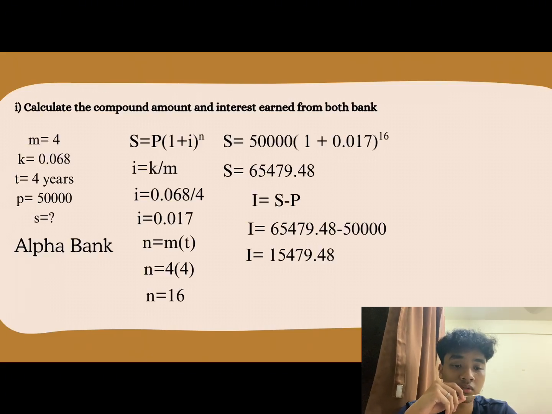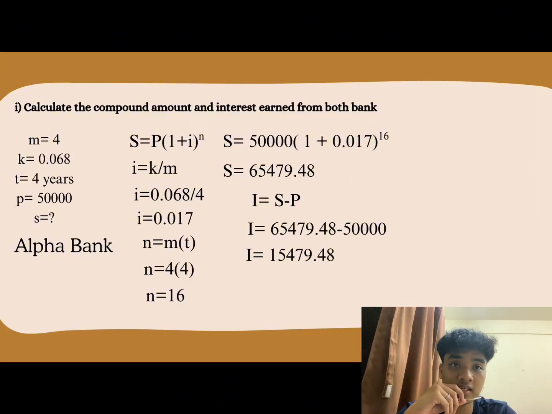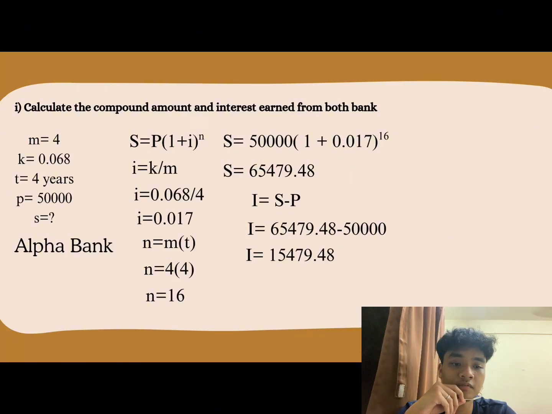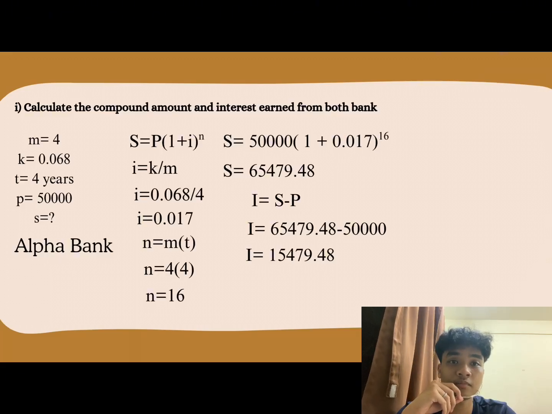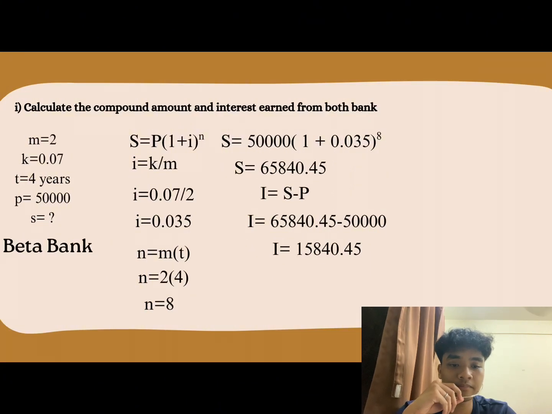To identify our I, I equals S minus P, 65,479.48 minus 50,000, we get 15,479.48.